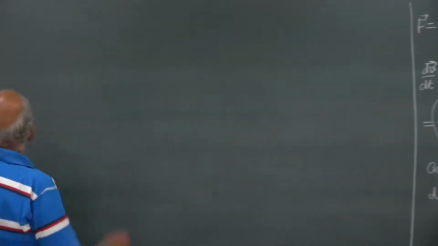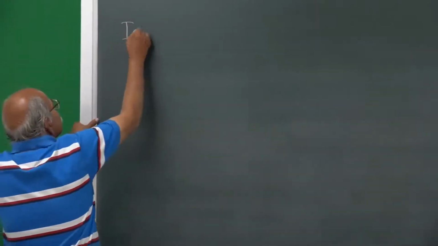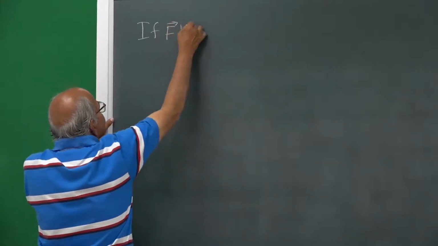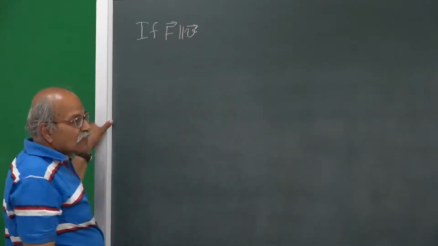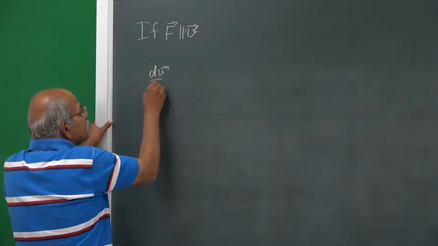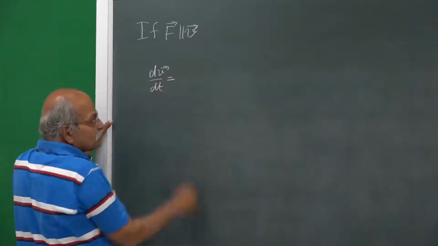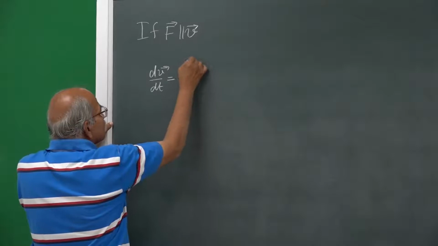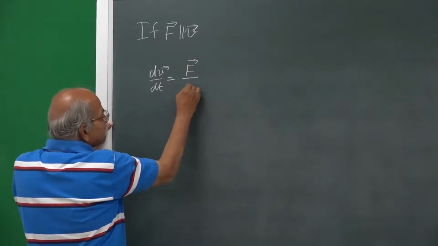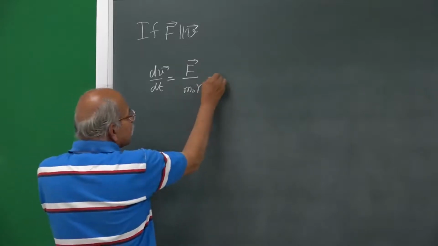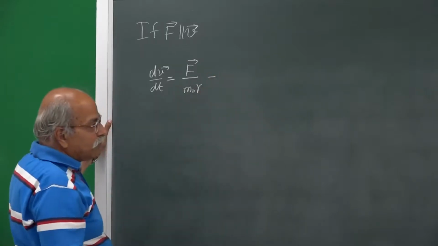So if force is parallel to the velocity, then your dv dt is given by f over m naught gamma, minus this is f dot v.